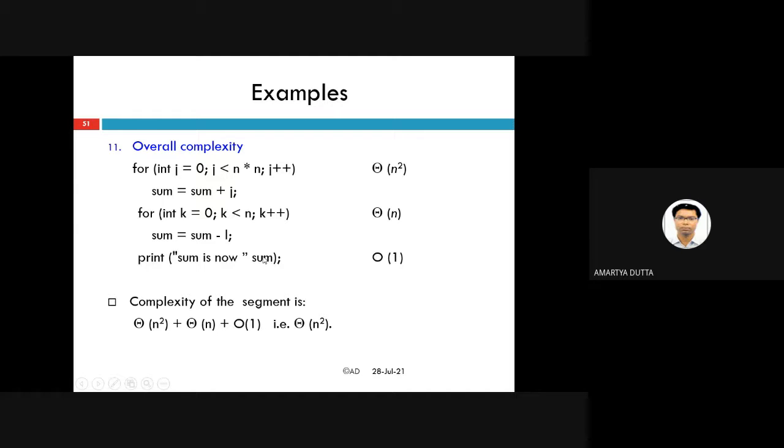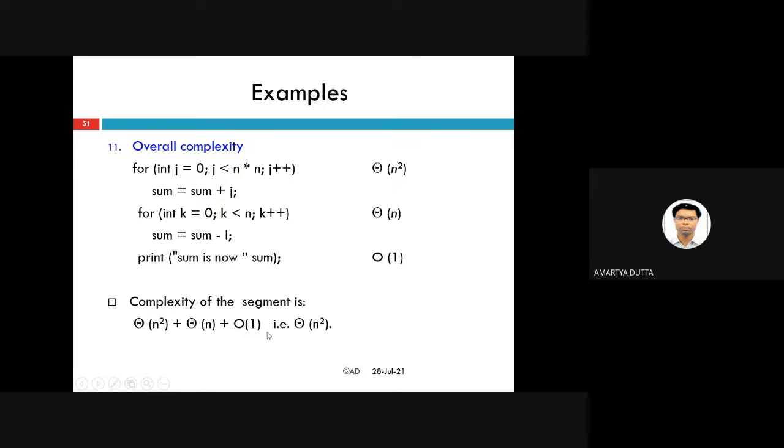So mainly for the first loop, the complexity is order of n square. For the second loop, the order is n, and this is just a printing statement, that's why it is a constant term. So the complexity of this code segment is n square plus n plus 1.